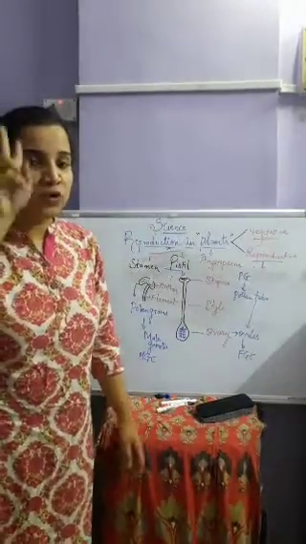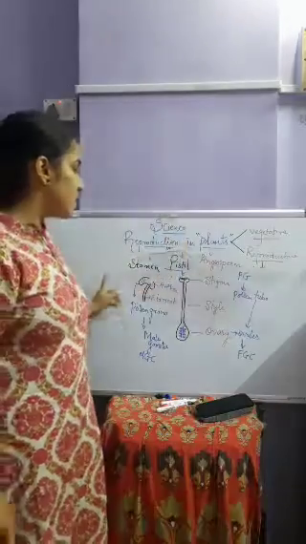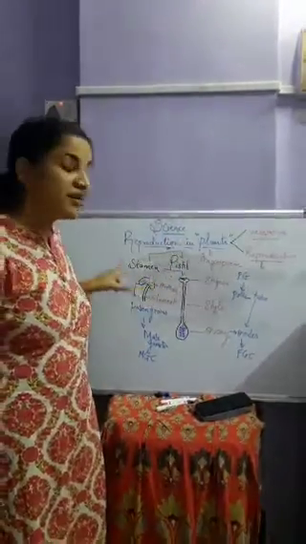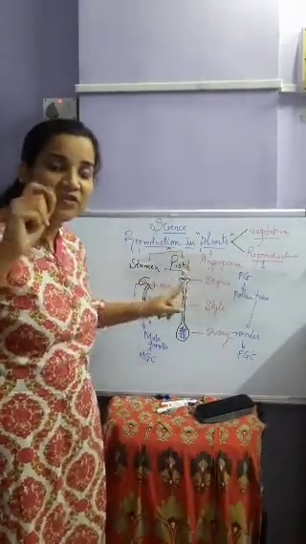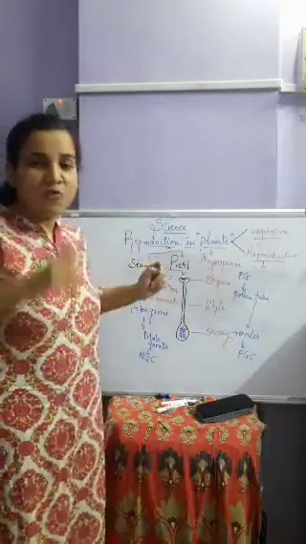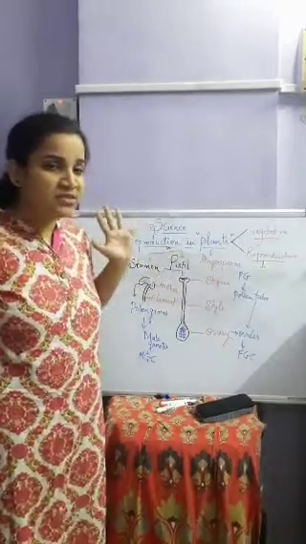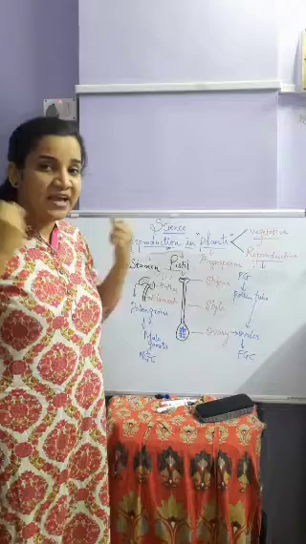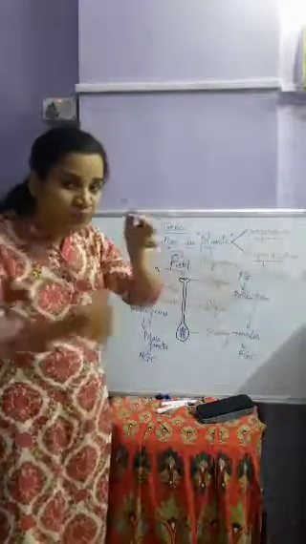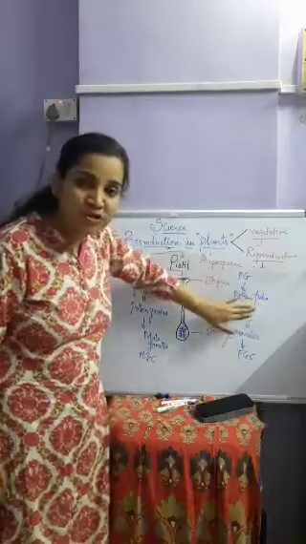Reproduction, I told you there are two steps. The first step was pollination, the transfer of the pollen grain from the anther to the stigma of the flower. The stigma is going to provide nutrients. Once the pollen grain gets the nutrient, they become very energetic. As soon as they become energetic, they will form a tube which is said to be a pollen tube.